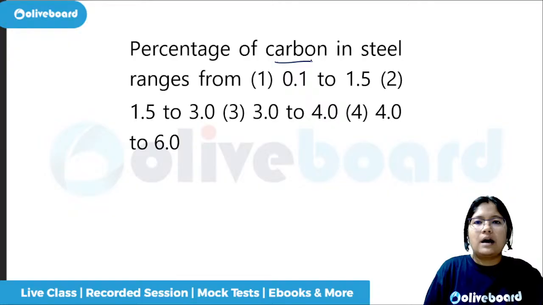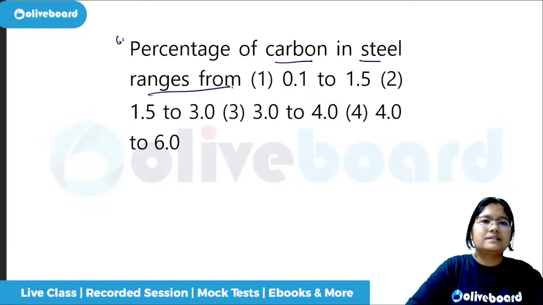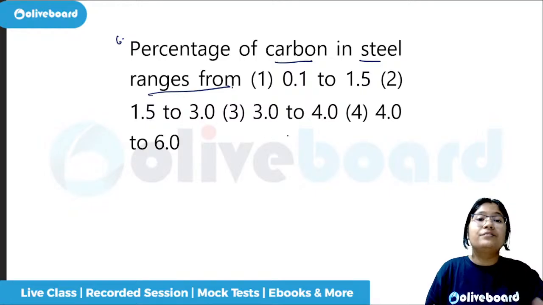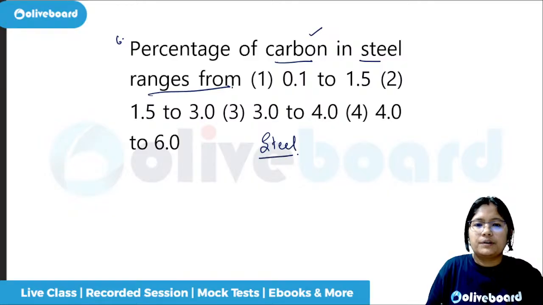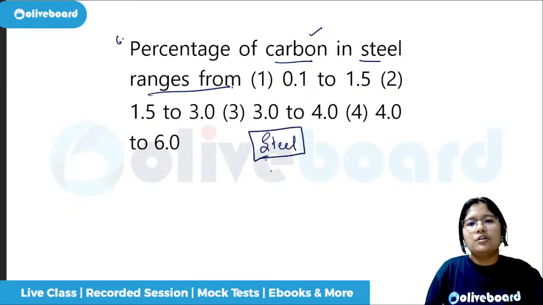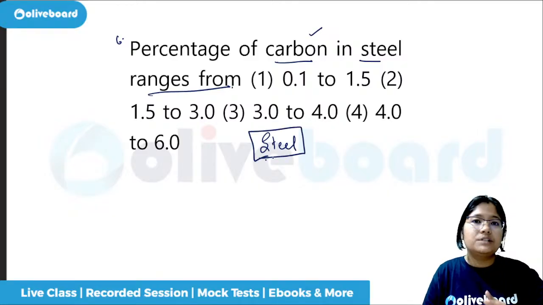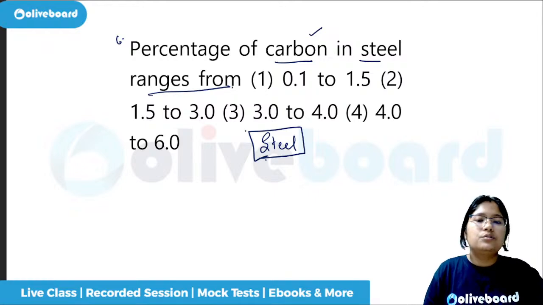Next, question number 6. Percentage of carbon in steel ranges from... Now, this is a little bit on the confusing end because it is mixed in various proportions. For steel to be hardened, because it is not hard otherwise, what is mixed for hardening? To make it hard, carbon is mixed.